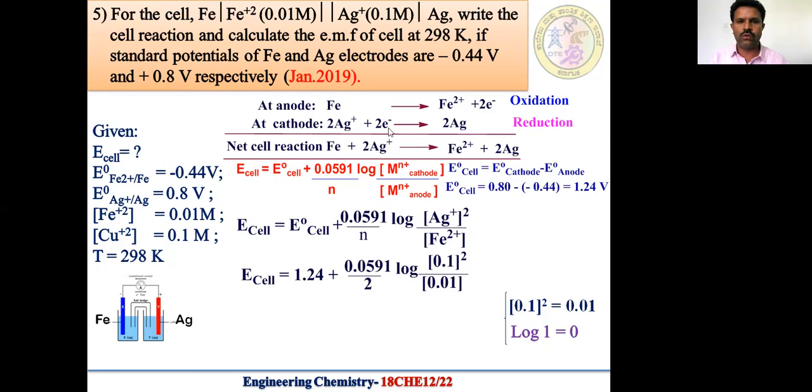solution at cathode. The cathode is Ag+ ion, its concentration is 0.1 and squared, that is the coefficient, 2 Ag+, so we multiply here [Ag+] squared, divided by the concentration of the metal ion solution at anode, that is iron, 0.01.